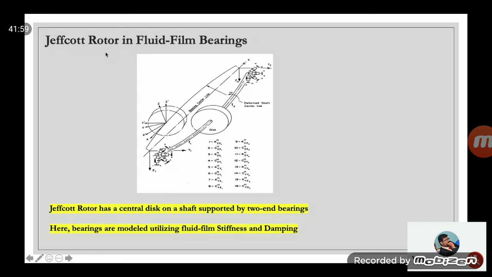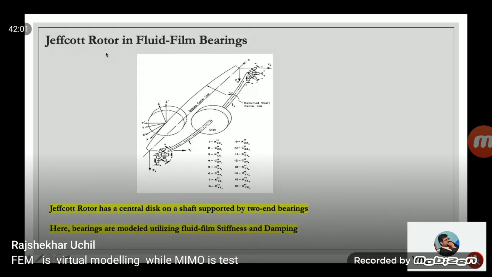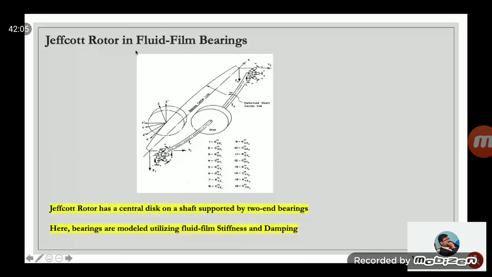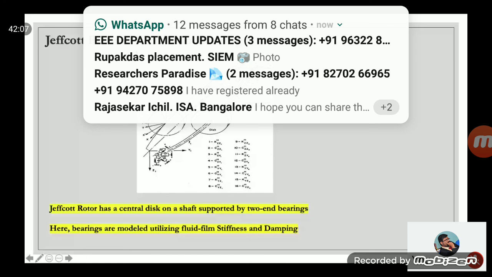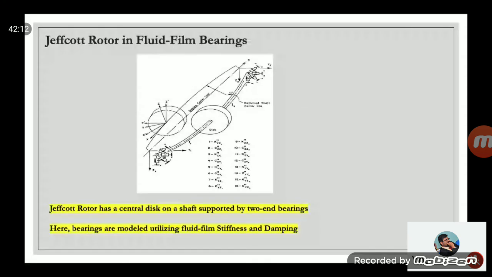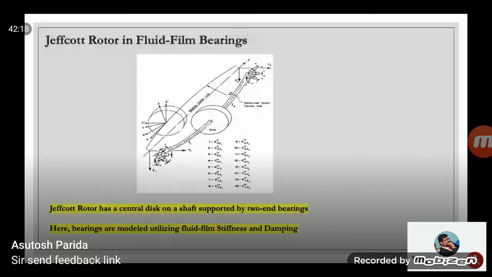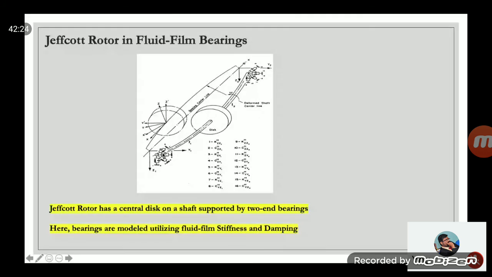The Jeffcott rotor is a very simple rotor system in the rotating machinery world. It is a central disc rotor with an equal shaft length on two sides, and the two ends are supported at the bearings, oil film bearings. I will go to the next slide, which will make it very clear.